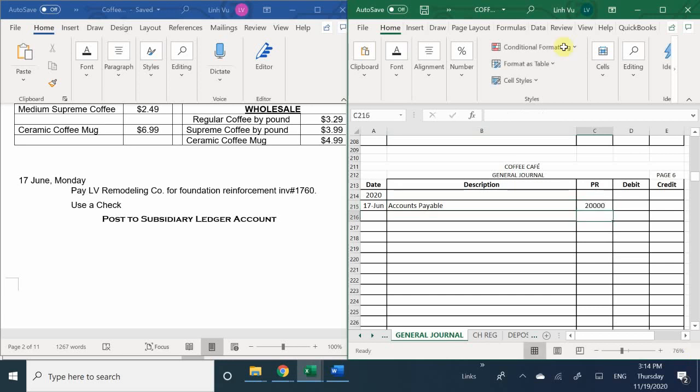And the next one is checking. Okay, so I'm going to see what we owe them for that work.